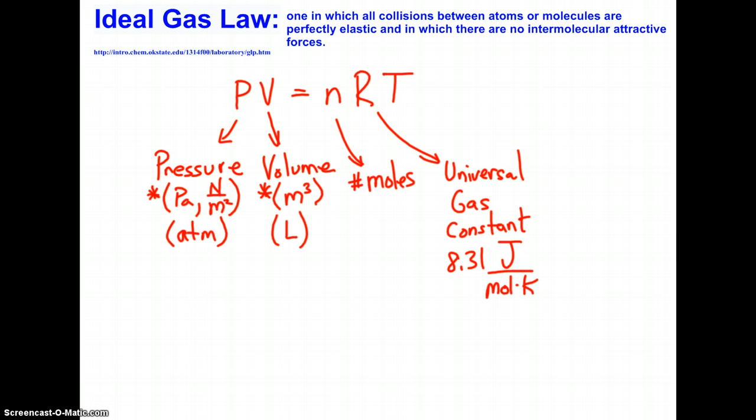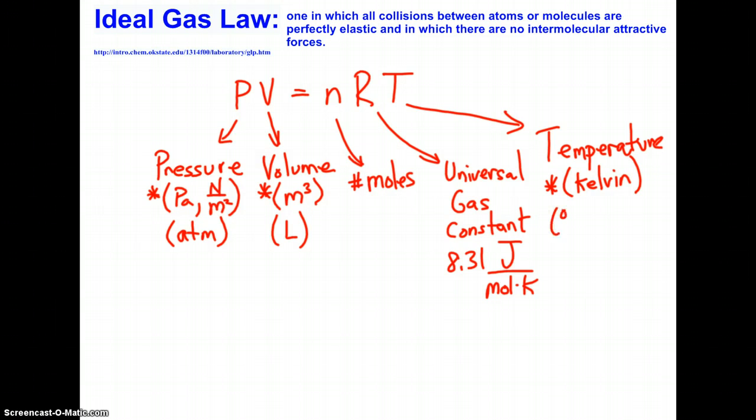From this drives our units of temperature, which is our symbol capital T. And because of the units in our gas constant, whenever we use the ideal gas law, our units of temperature have to be in Kelvin. And if you're given that in degrees C, just a quick reminder, you take your temperature in degrees C and you add 273 to get your temperature in Kelvin.